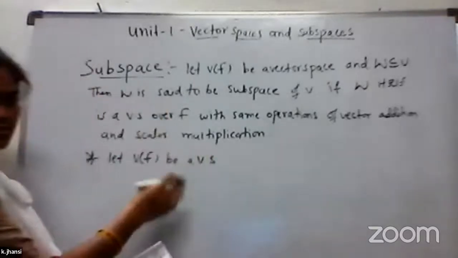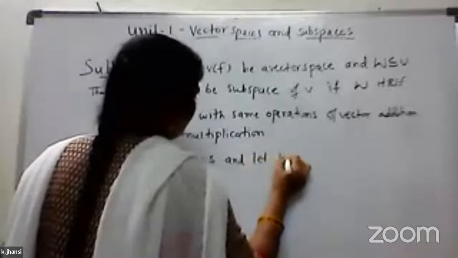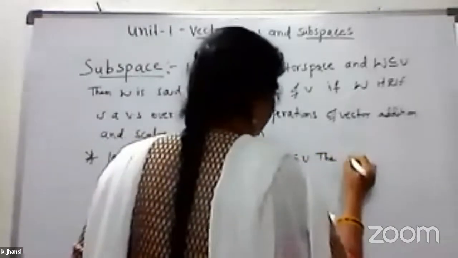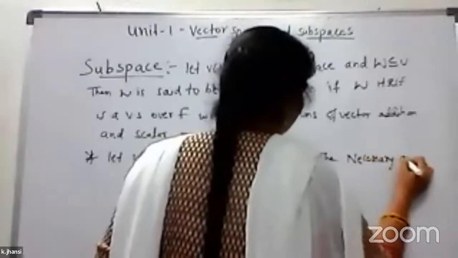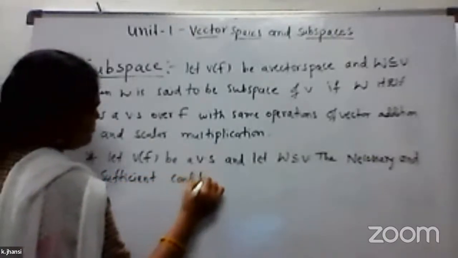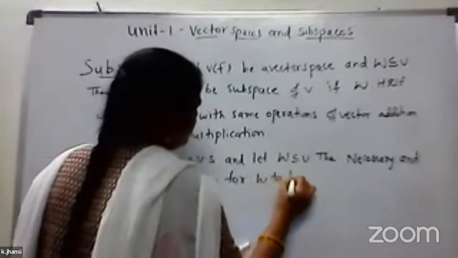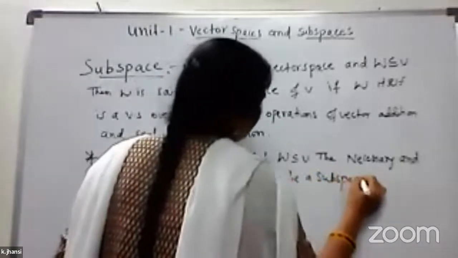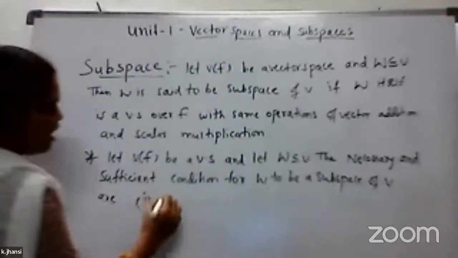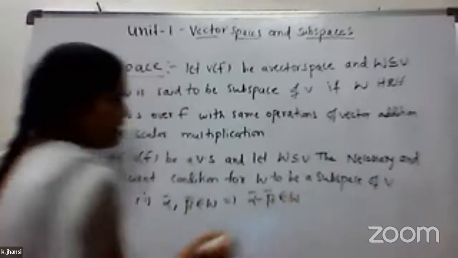Here I am writing the shortcut of vector space as V.S. And let W be a subset or equal to V. The necessary and sufficient condition for W to be a subspace of V: first one is alpha bar comma beta bar belongs to W implies alpha bar minus beta bar belongs to W. This is the first condition.